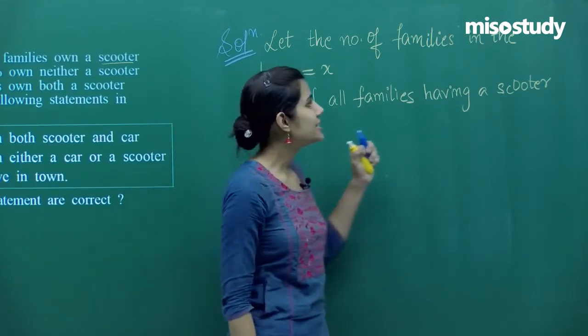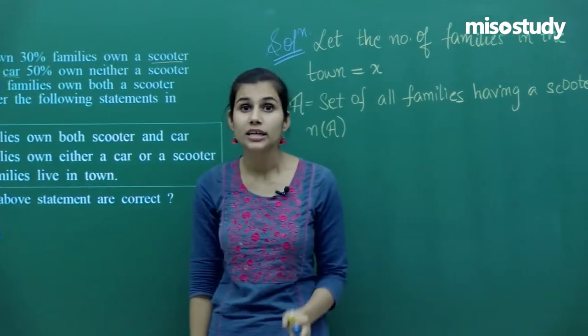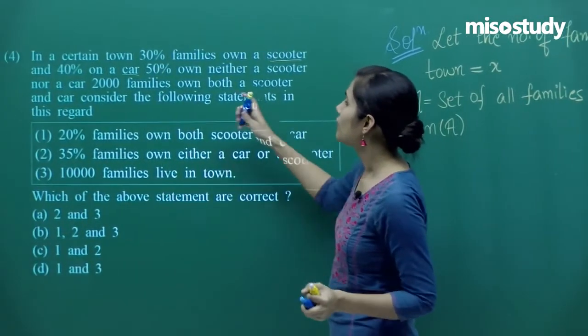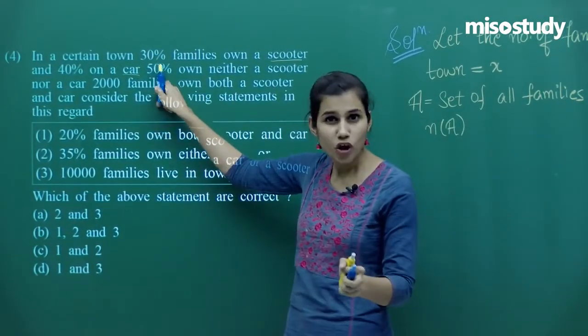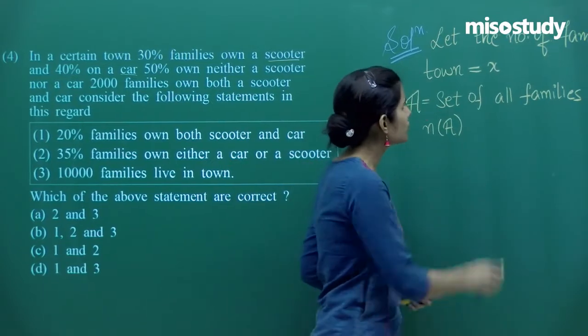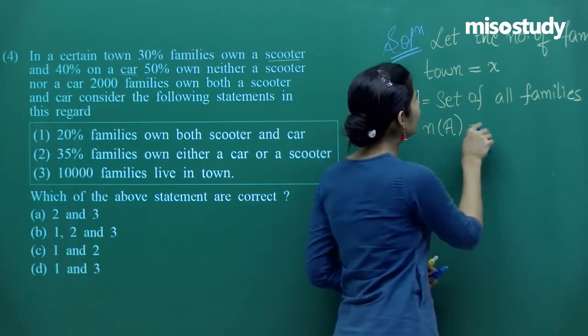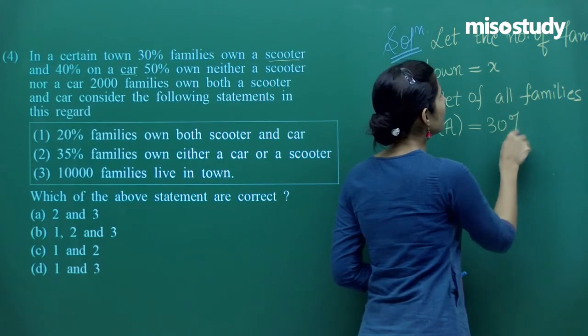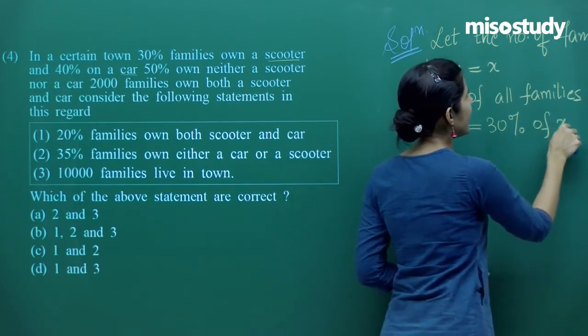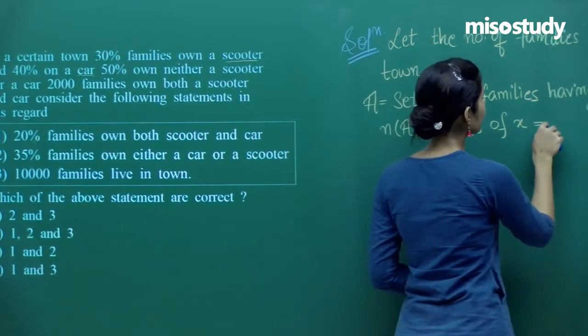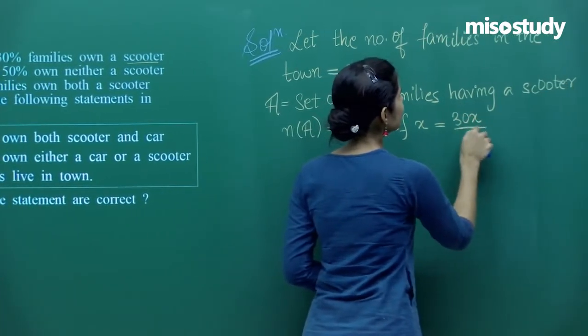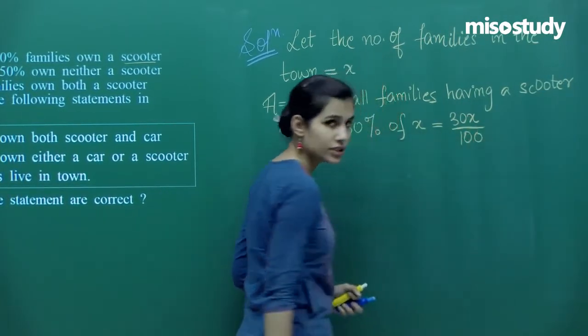How many families have a scooter? Number of such families is 30% of the total families. Total families we have is X, and therefore this is 30% of X, which is 30 into X upon 100.